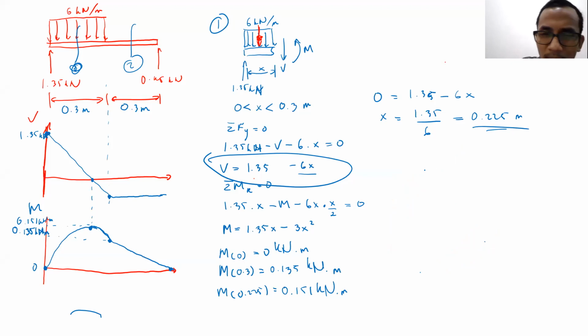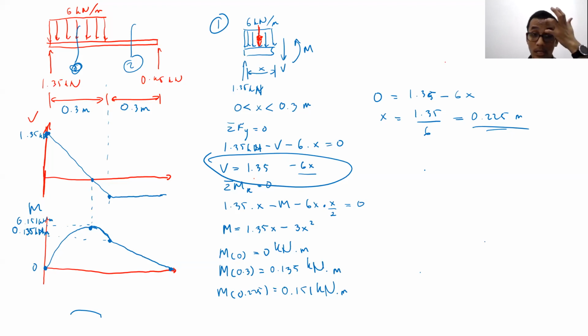Your voice is a little bit unclear. Say again. Sir, x is between 0 and 0.3, right? Yes. For the notation, for the sign, when do we know if we have to put an equal sign?